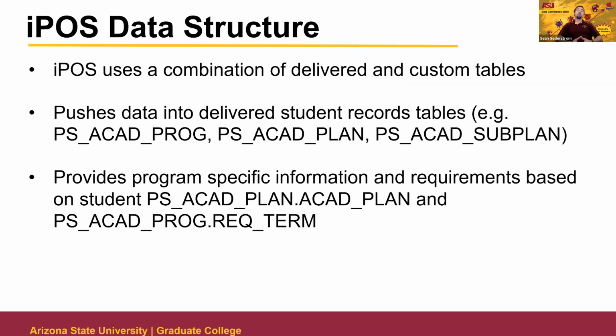So we know specifically what requirements to show the student based on when they were admitted, because of course programs change over time. So we're using those delivered tables to pull in the student data, and then it will pull in the custom tables to do a lot of the work behind the scenes.